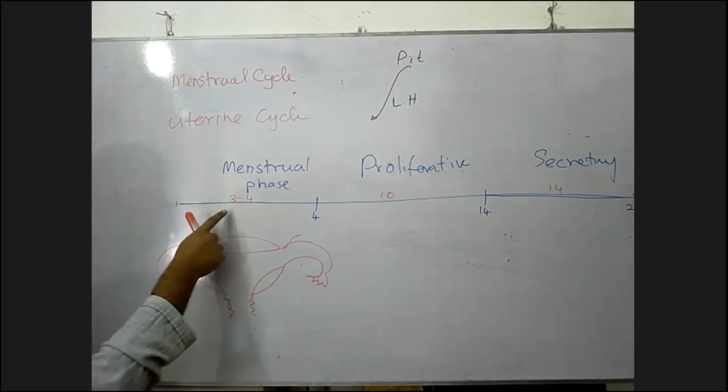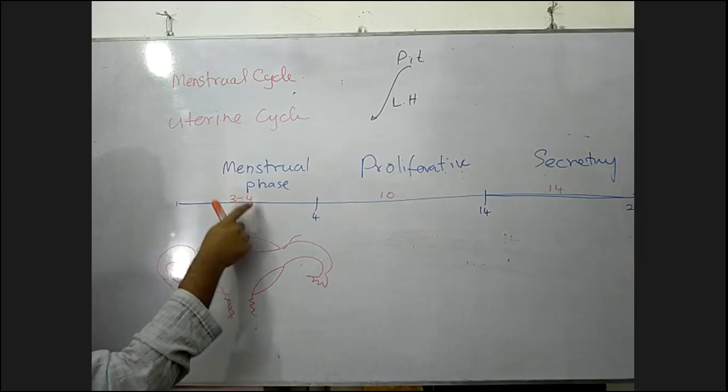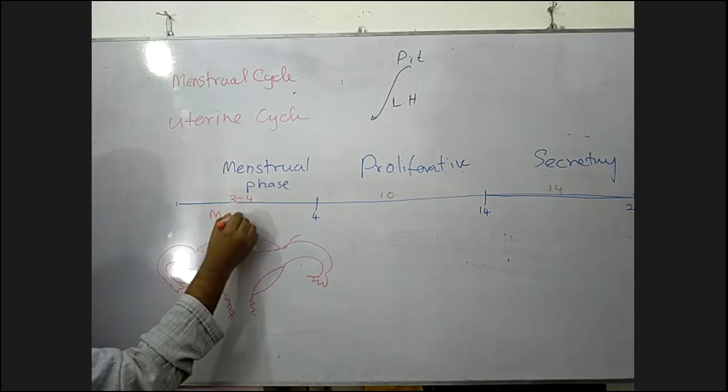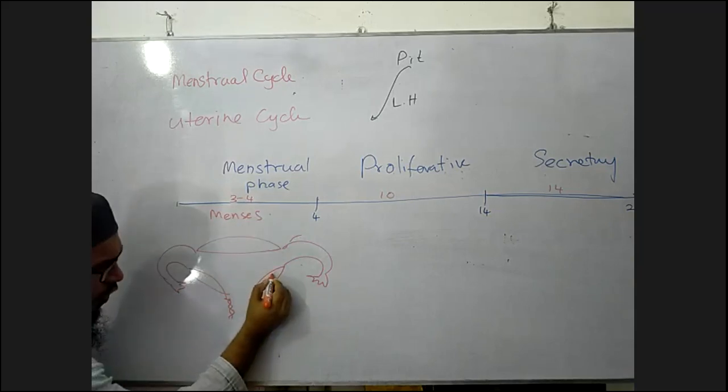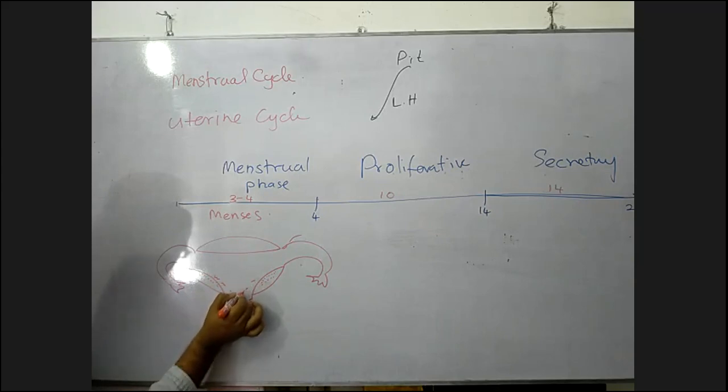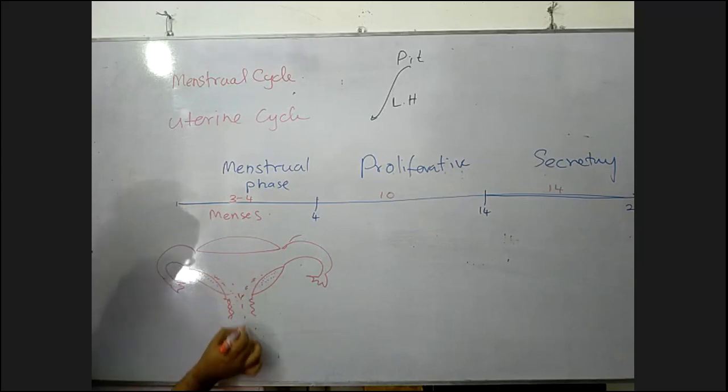On the first 3 or 4 days, the menstrual phase, in common words we say this is the menses. What is happening? This uterus wall will break into pieces, and the tissue pieces and the blood will start to flow out of the vagina.